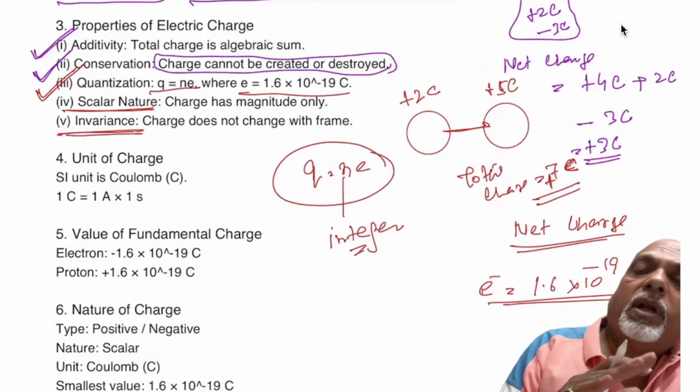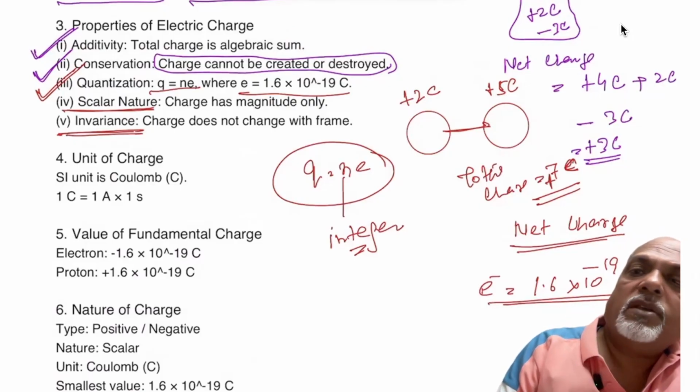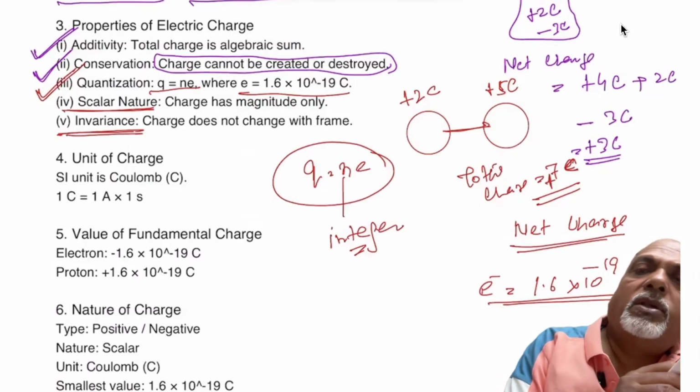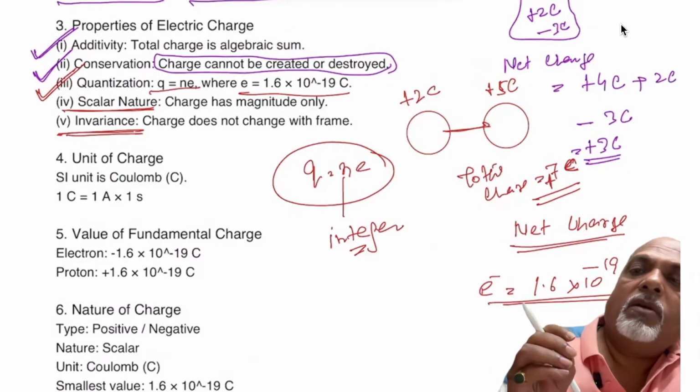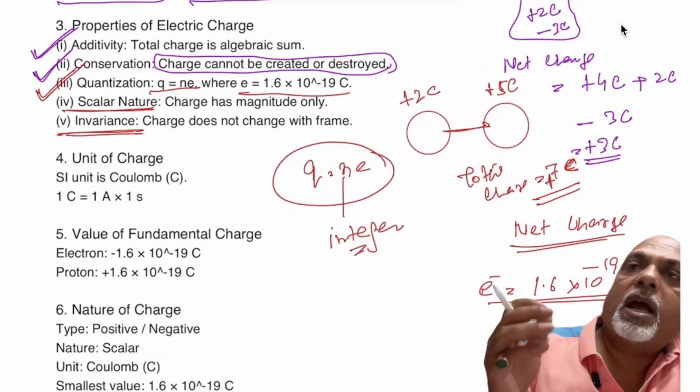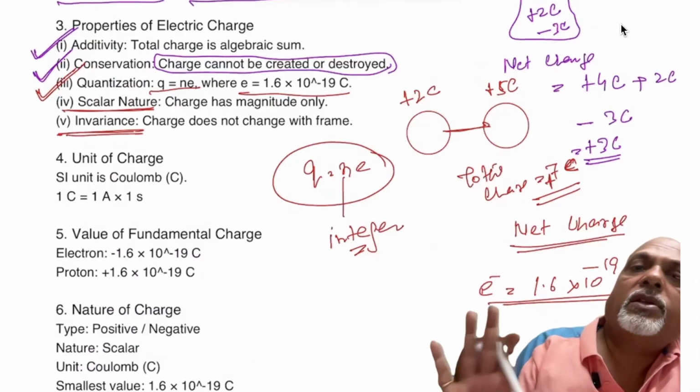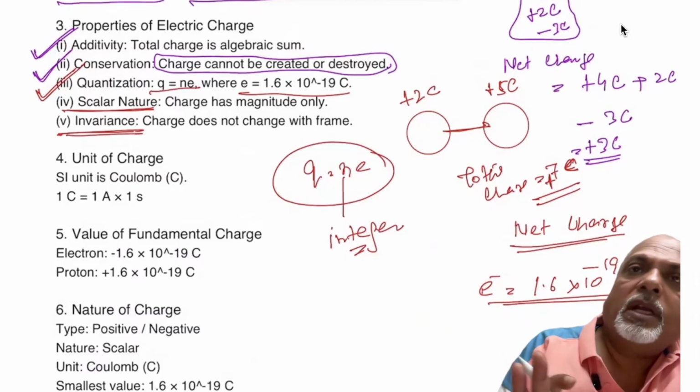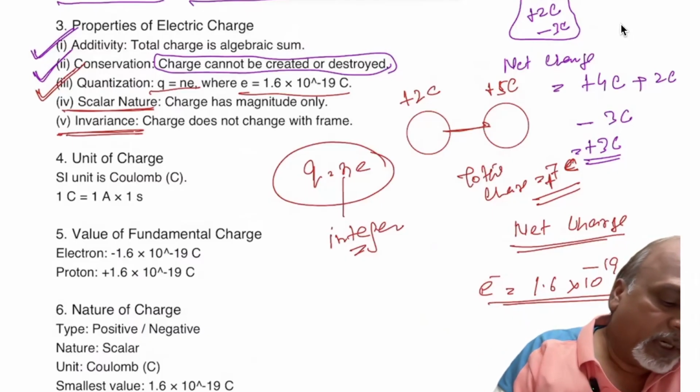Or even if you change the frame, you cannot say that the value of the charge in one frame is something else and in another frame, if you measure, it is something else. No, it does not change, it is invariant, basically. Correct?